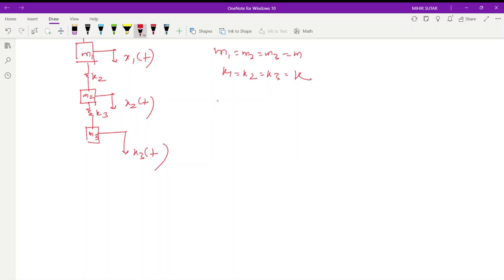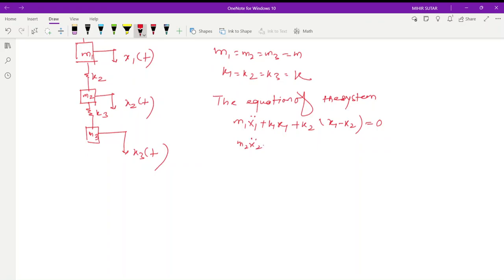Now the equation of motion of the system can be expressed as m1 x1 double dot plus k1 x1 plus k2 (x1 minus x2) is equal to 0, and m2 x2 double dot minus k2 (x1 minus x2) plus k3 into (x2 minus x3) is equal to 0.